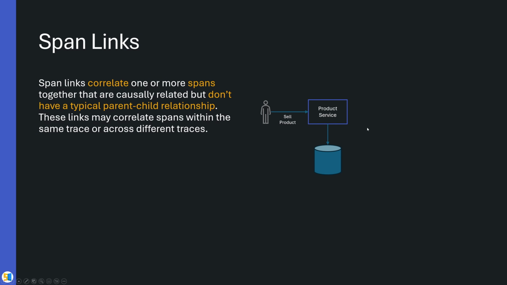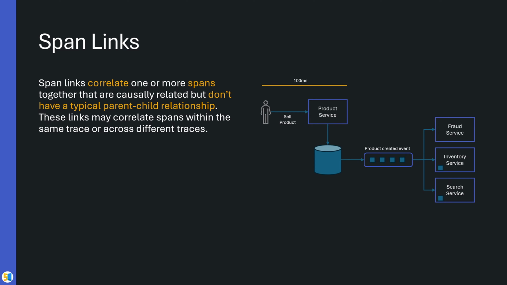So for example, I have a product service, and a user calls the sell product API. And then it saves some data to the database. And then we have a trace for this flow. Let's say 100 milliseconds.